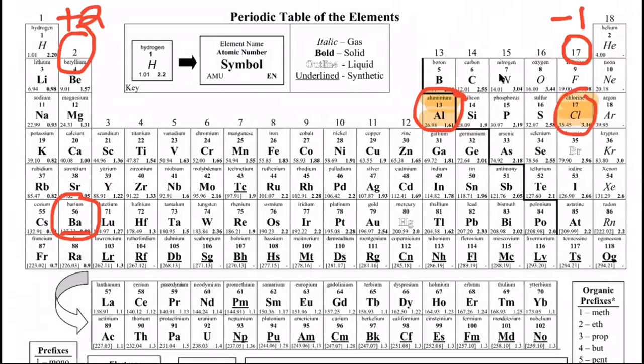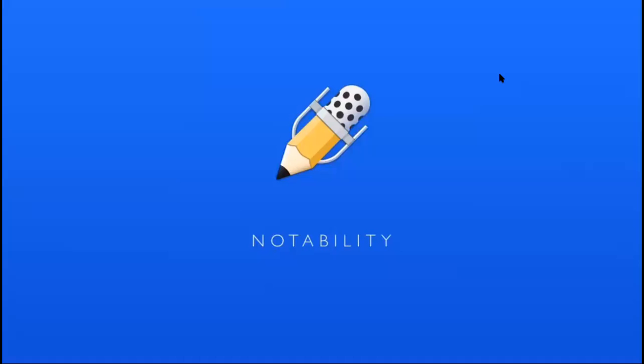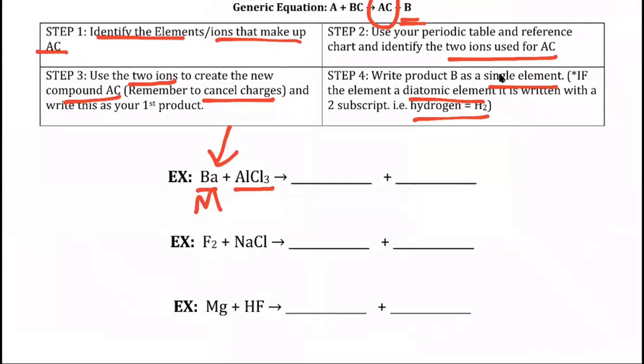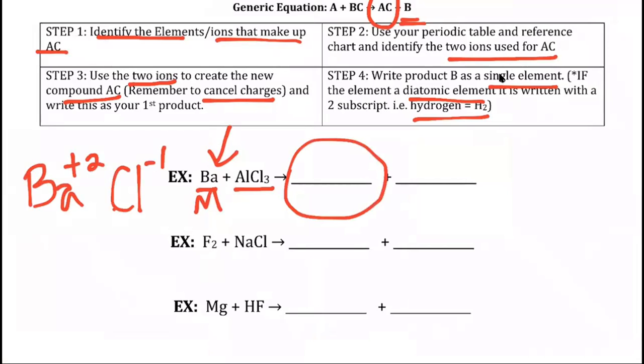I need those numbers in order to correctly write the compound formula when barium and chlorine bond. So I'm going to go back to our practice sheet. I'm going to write this off to the side, but I know that barium is +2 and chlorine is -1. Those are the ions that are going to make the compound for my first product. So now I need to crisscross their charges or balance them out.